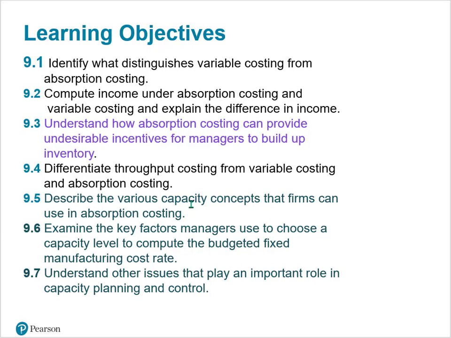So now we focus on the various capacity concepts that firms can use in absorption costing. All right, we'll examine the key factors that managers use to choose a capacity level and to compute the budgeted fixed manufacturing cost rate, and then understand other issues that play an important role in capacity planning and control.